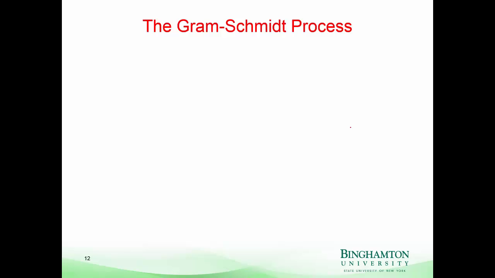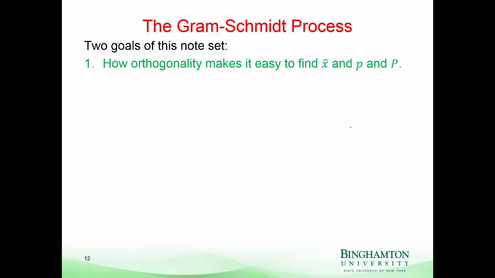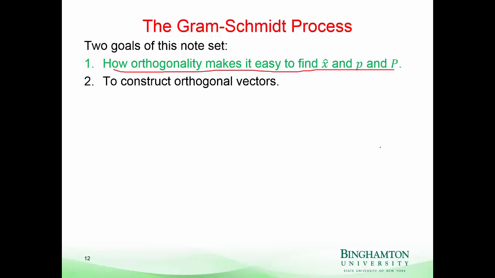Okay, let's get on to the Gram-Schmidt process. This is the second part of this. So we've already talked about how orthogonality makes it easy to do projections. We just saw that. Now we want to know, how do we actually construct orthogonal vectors?